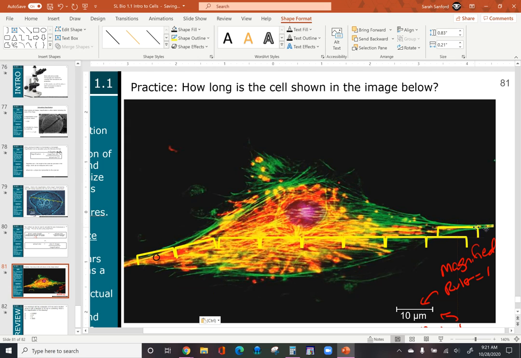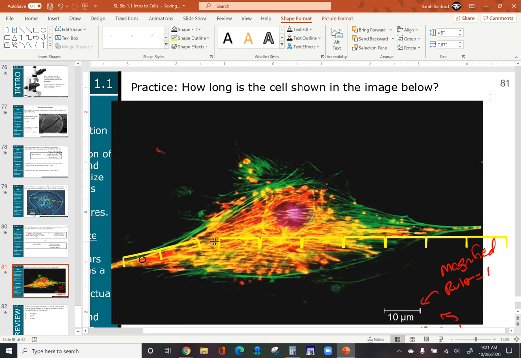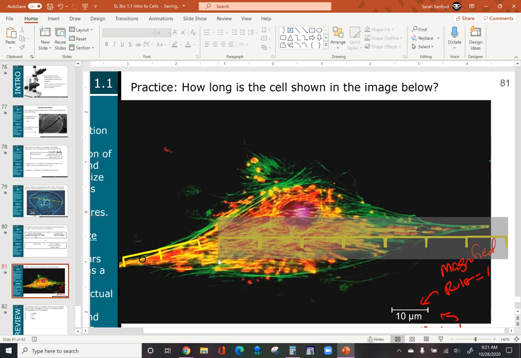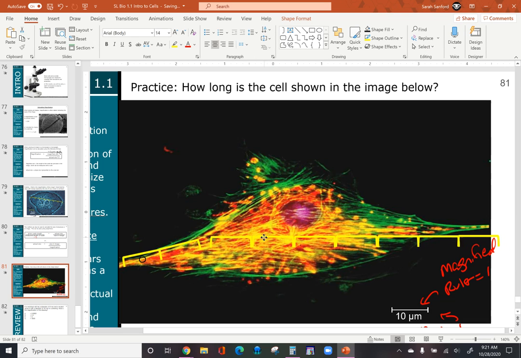All right, so let's see. Just short. So, actually, I could probably move this over a little bit. All right, there we go. That's pretty good. 1, 2, 3, 4, 5, 6, 7, 8, 9.